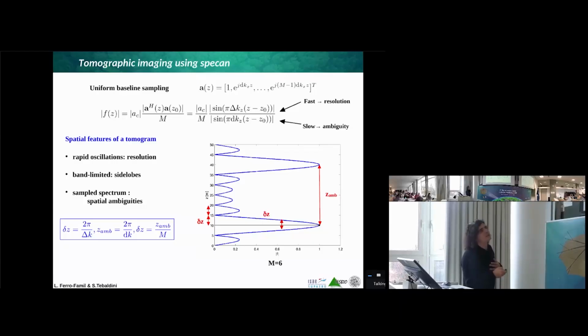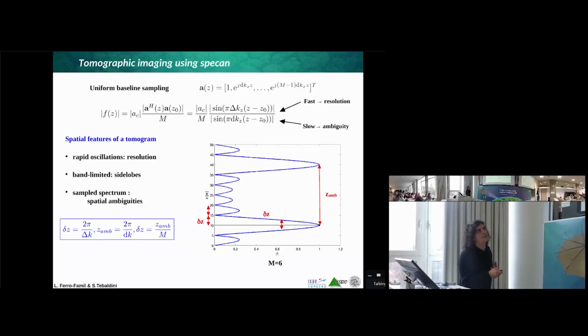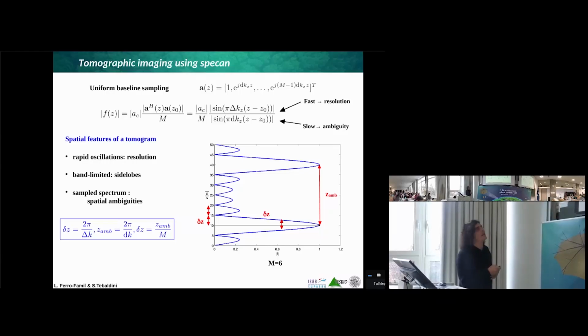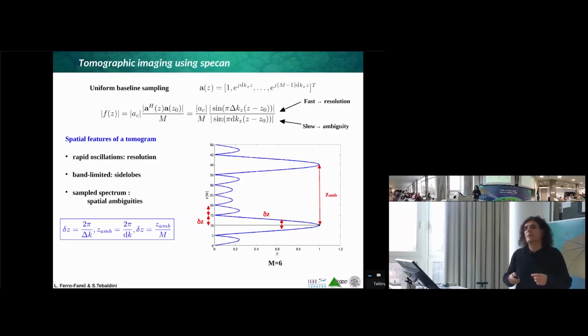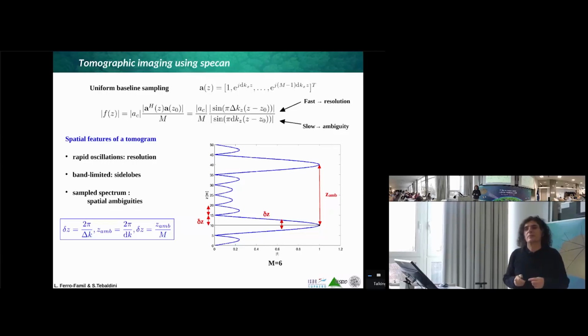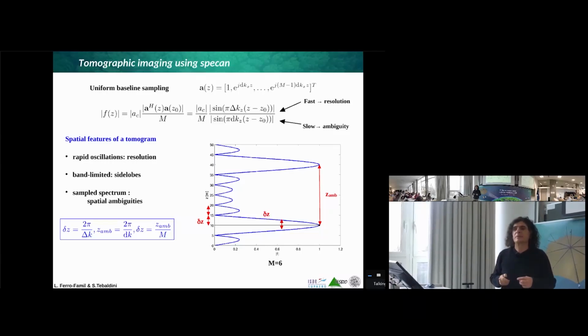So you will have a resolution which represents the width of this main lobe here when we reconstruct the response of a target, and the ambiguity is the distance which separates 2 consecutive peaks when you reconstruct your tomogram. Okay? And the relationship between them is a factor, M, the number of images. So in the case of biomass, it will be 7. Okay? So if you have a resolution of around 30 meters, you will have an ambiguity of around something like 200 meters.